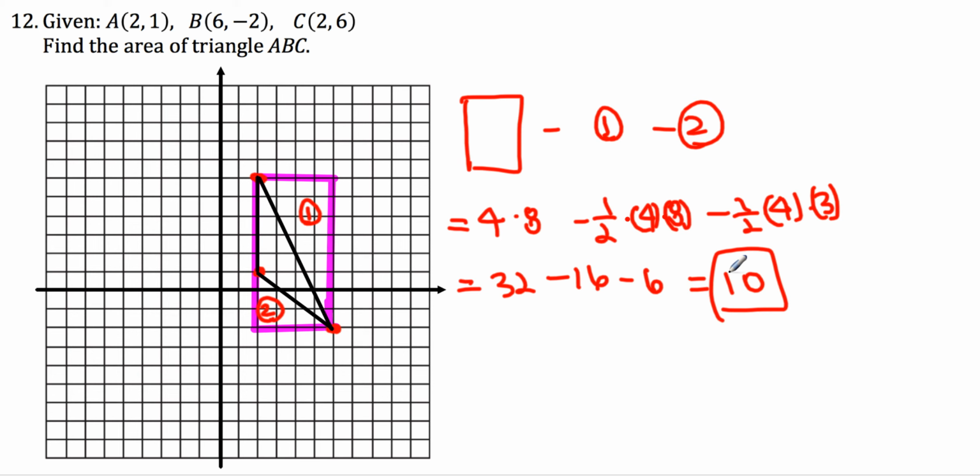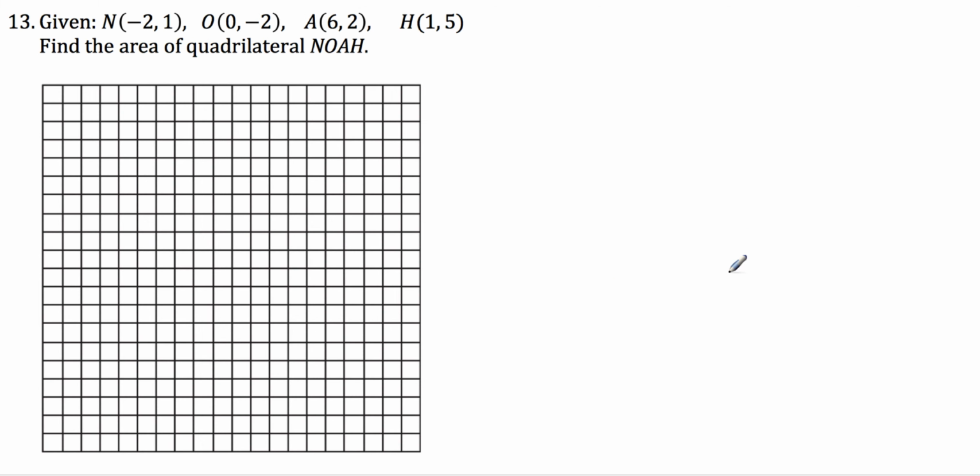Number 13. So we are doing something similar continually. So negative 2 comma 1, that's n. 0 comma negative 2, and 6 comma 2, oh that's a.